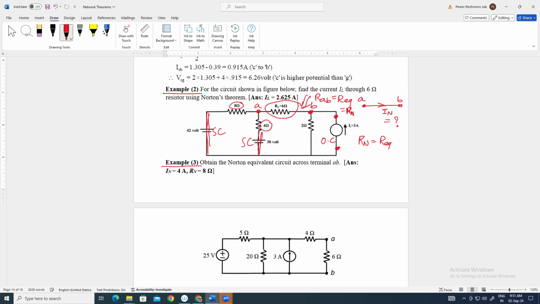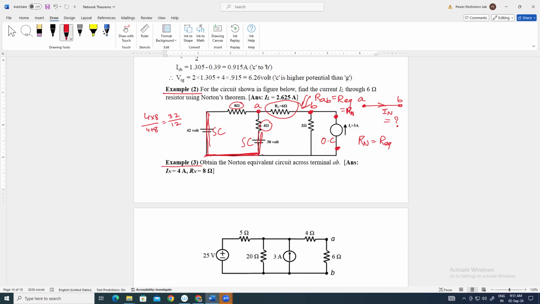This 4 ohm and 8 ohm are both in parallel, because you can see that if this is short circuited, this is also short circuited, so they are connected with a common terminal here. So the parallel combination will be 4 into 8 divided by 4 plus 8, 32 divided by 12.